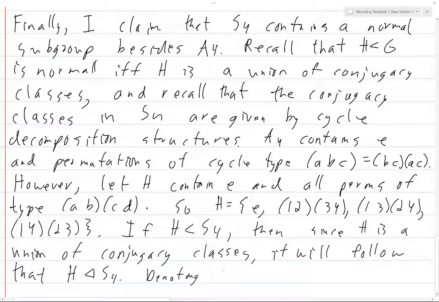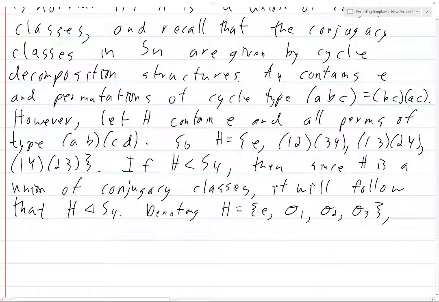So denoting H as E, and then sigma 1, sigma 2, and sigma 3, one can check, and I'm not going to do it because there are really no calculations. You just look at it and see that it does exactly what I say it does.